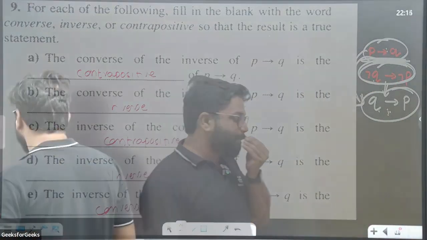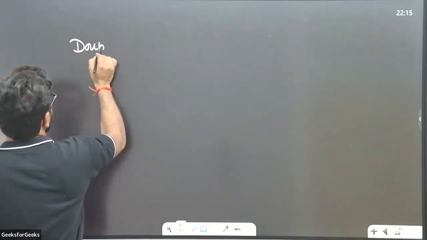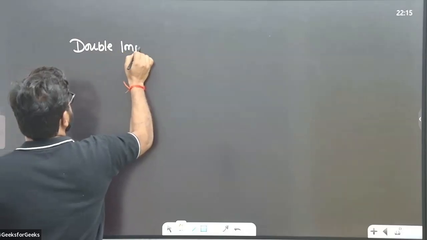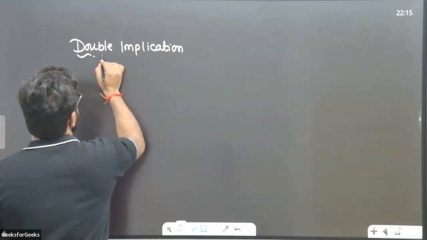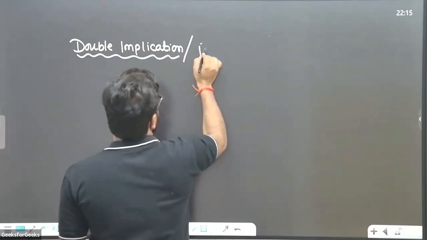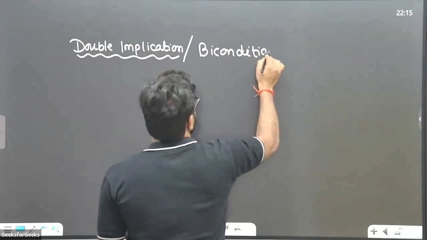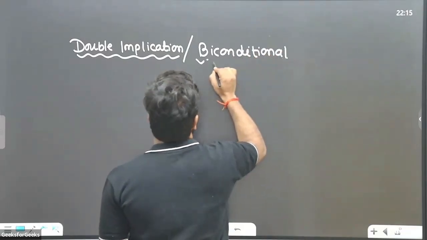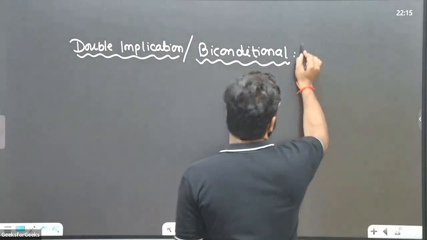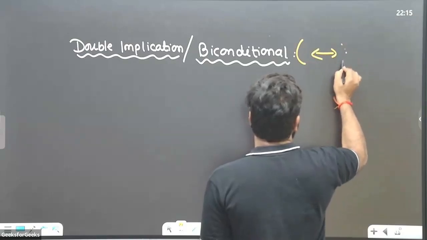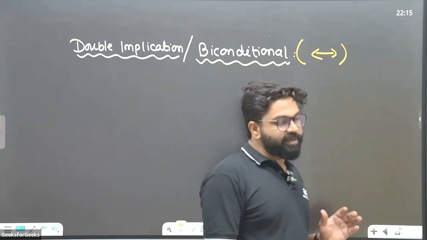Got it. Now there is one more concept, called a double implication, or also a biconditional. It has a representation that goes from left to right and also from right to left.